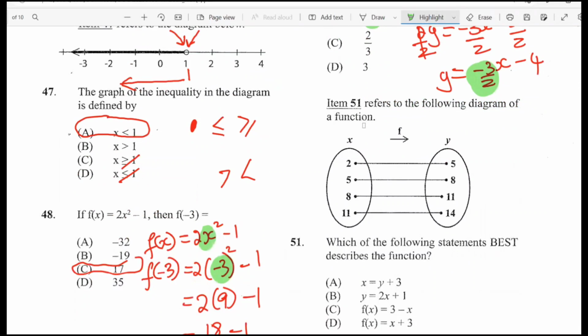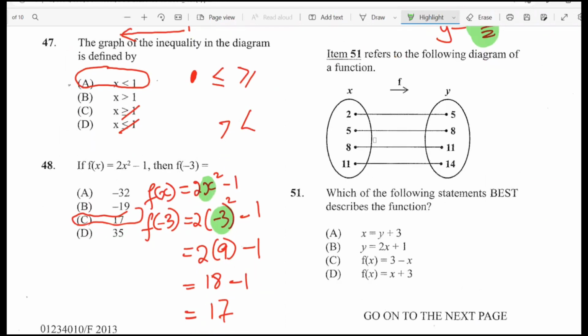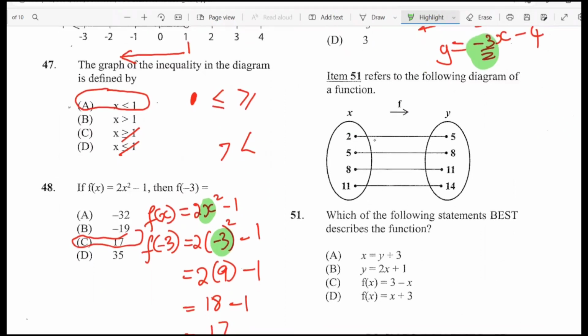Item 51 refers to the following diagram of a function. Which of the following statements best describes the function? So what you want to do is to observe these. We're going to be observing these values and in respect to how they produce the other numbers on the other side.